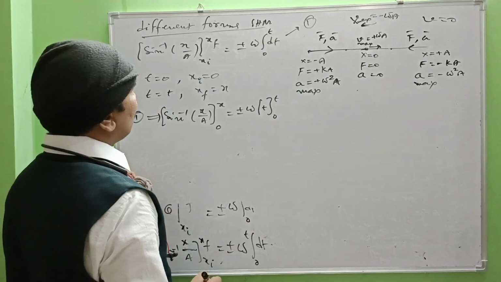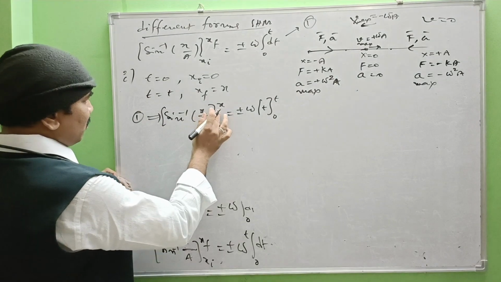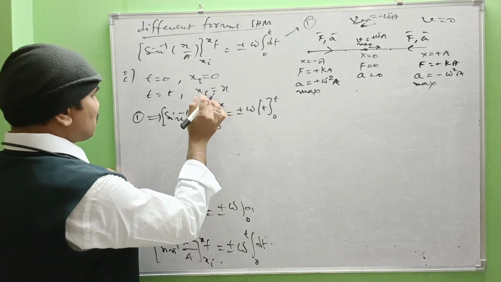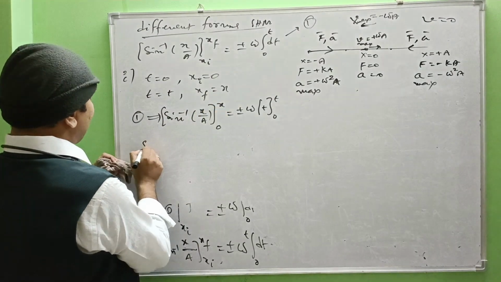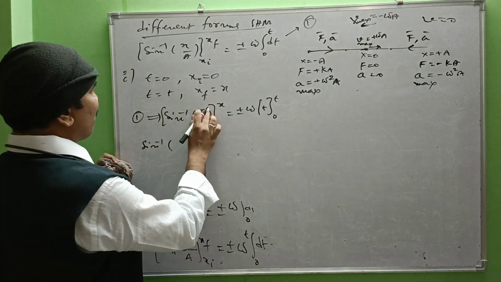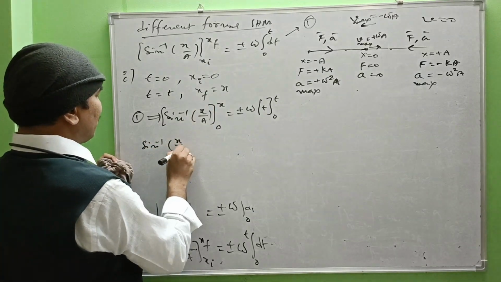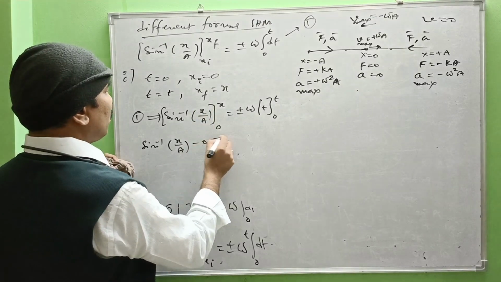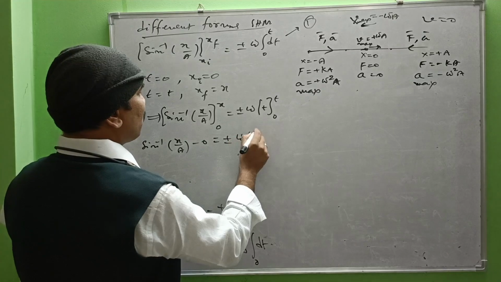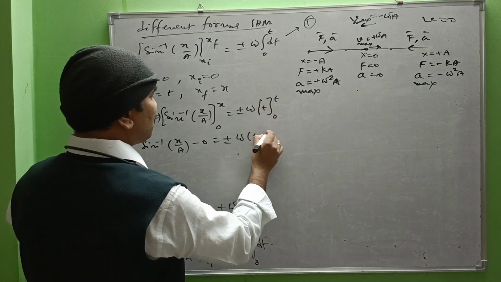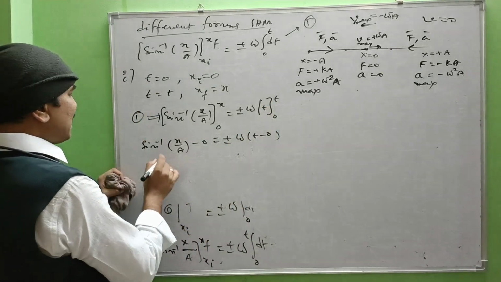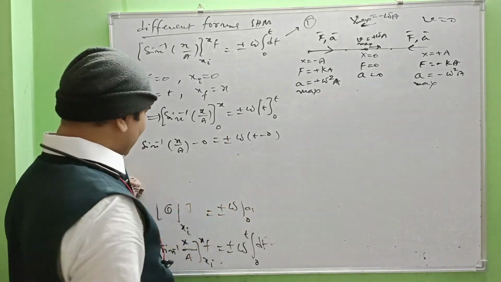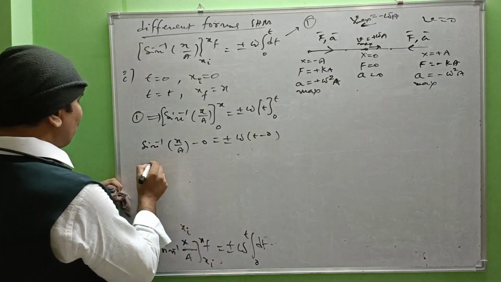Am I right? On substitution of limits, sin inverse upper limit x by a, minus lower limit 0 by a means 0, equal to plus or minus omega into upper limit t minus lower limit 0. That is sin inverse x by a equal to plus or minus omega t.